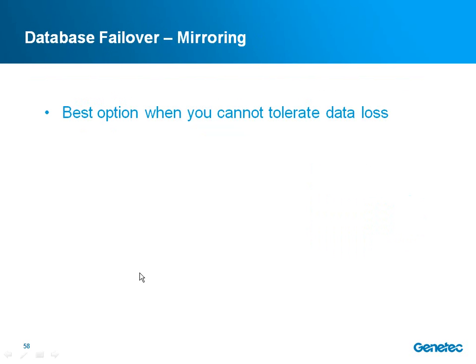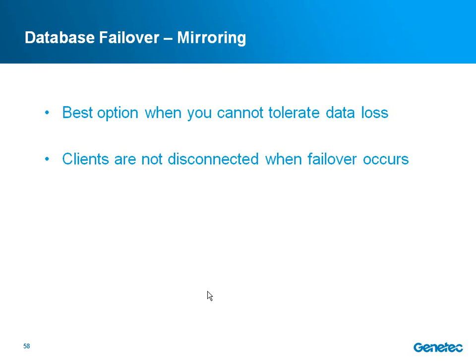So just to take a look at a couple of the main features and advantages of using mirroring, the main thing to point out is that this is the best option to use if you have a system where you cannot tolerate any data loss in a failover situation. Another nice thing is that the directory server doesn't restart and disconnect, so basically the clients are always connected when the failover occurs.